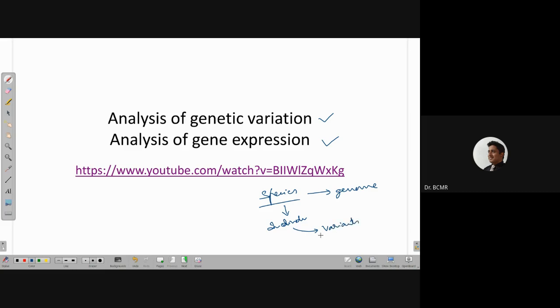All the individuals, even though they comprise one species, still are variants. And then on these variants, natural selection can work, and then some of them will survive better than the others. So when you say variants, that means it is about the variations within the genome.